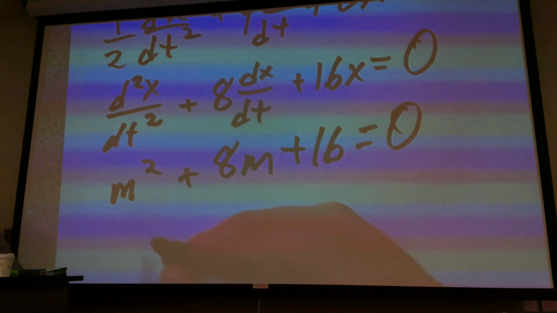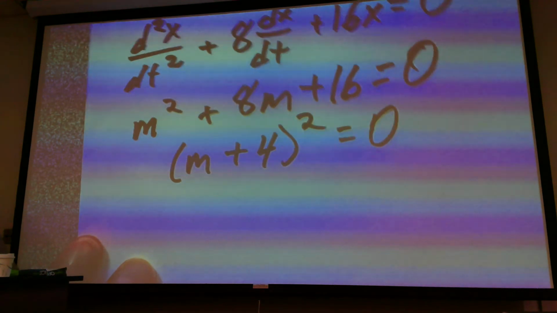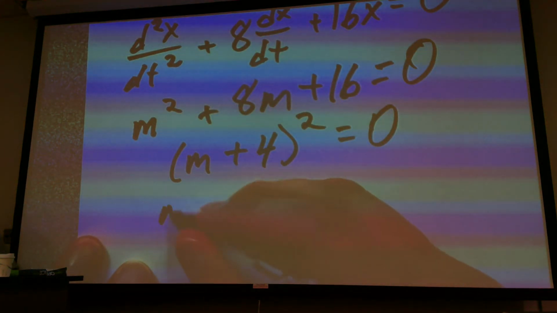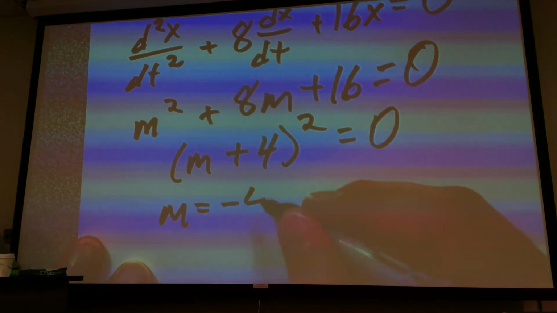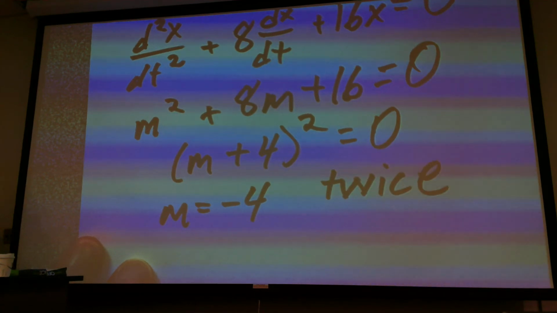Like on the previous problem, this is m plus 4 squared, which equals 0. So m is going to equal -4 twice.